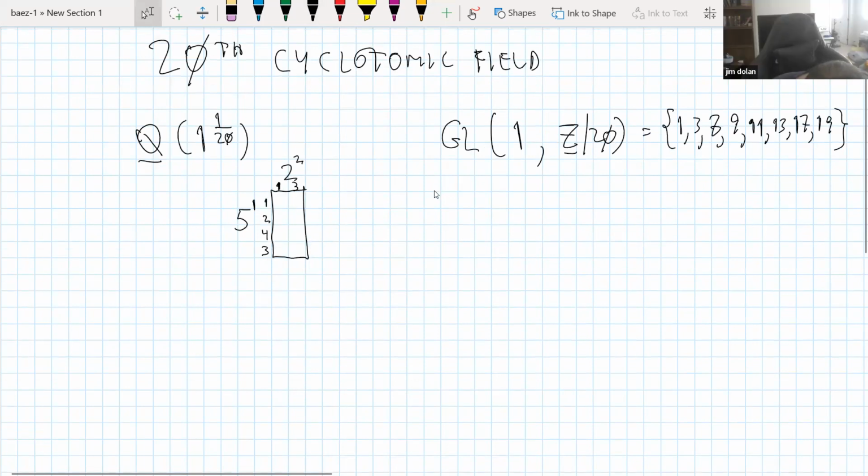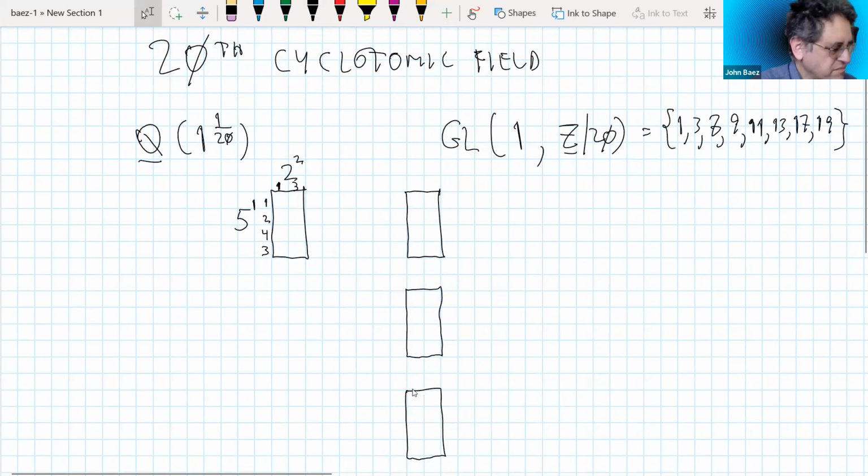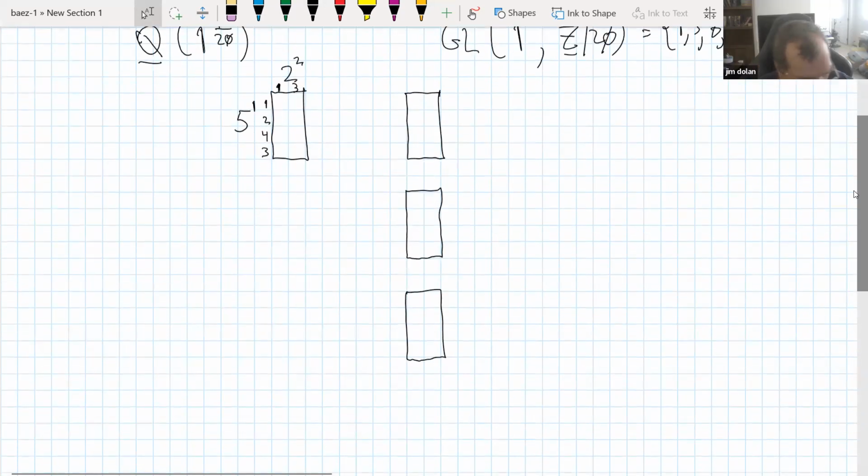Yes, that's right. So let's try to draw a little picture of the subgroups. And yes, it is an old friend. I've drawn this picture so many times that hopefully I can draw it fairly quickly. Let's see. The Galois correspondence is contravariant. Big subgroups correspond to little subfields and vice versa.